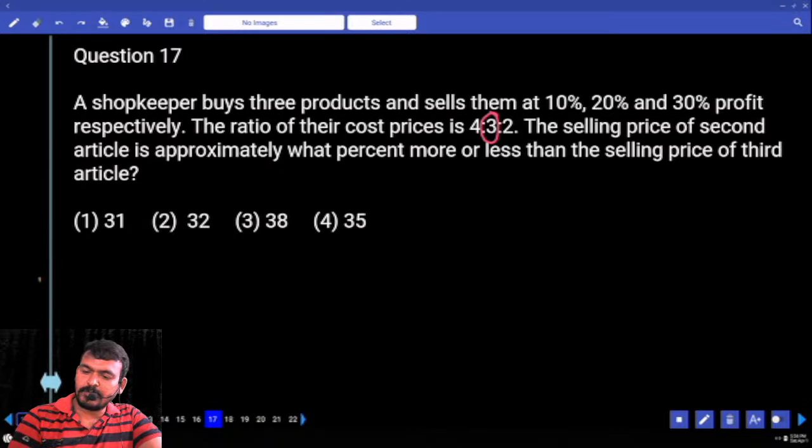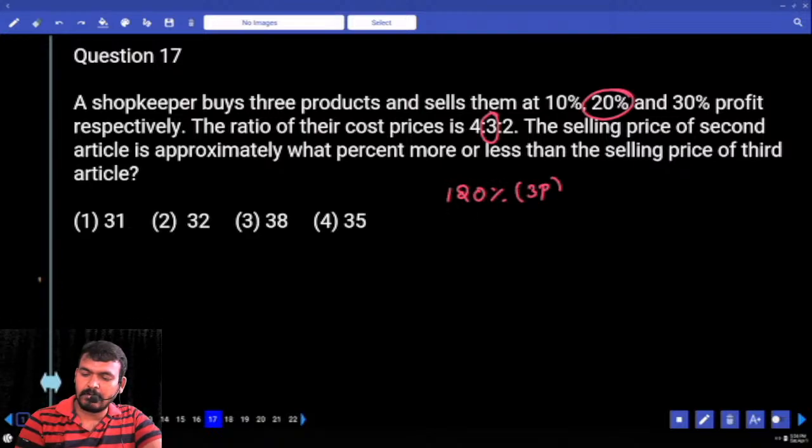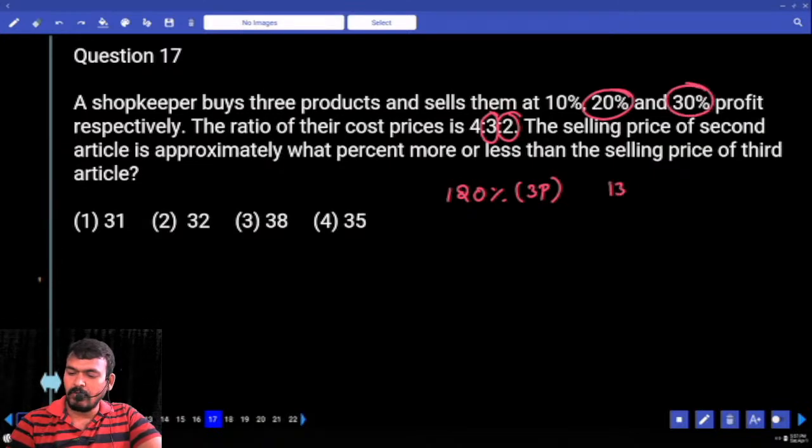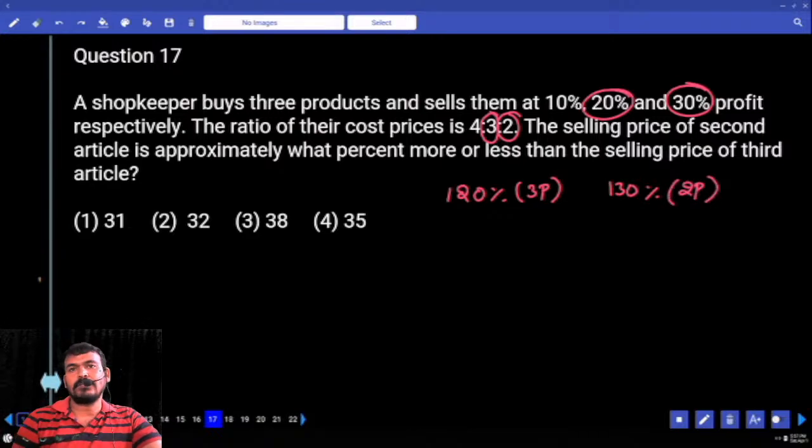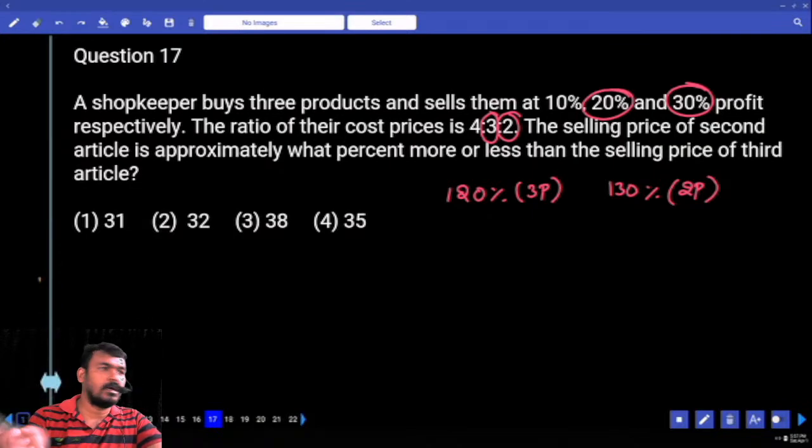The profit is 20%, so the selling price is 120% of 3 parts. The third article cost price is 2 parts, the profit is 30%, so the selling price is 130% of 2 parts. First we need to identify the ratio between the selling price of the second and third.